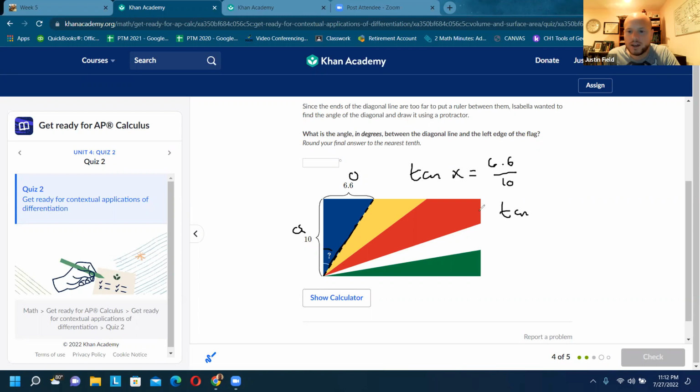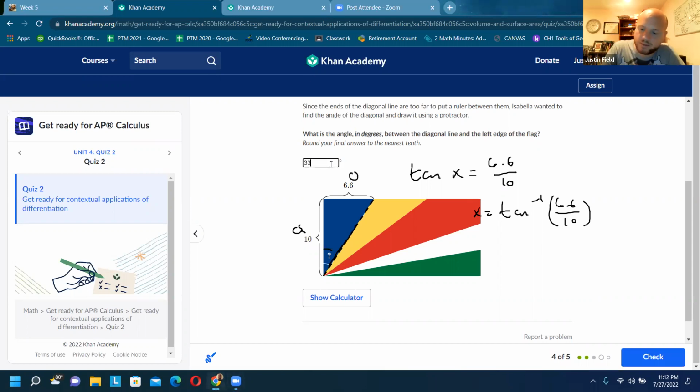So the answer is going to be the inverse tangent of 6.6 over 10. And I'm checking to make sure we're in degree mode. We want to be in degree mode. And I'm rounding to the nearest 10th, 33.4. See if I got this one right.